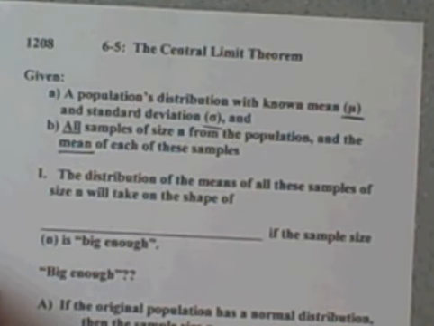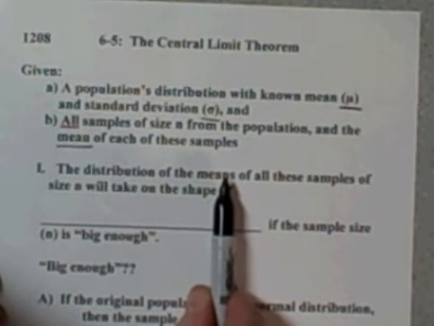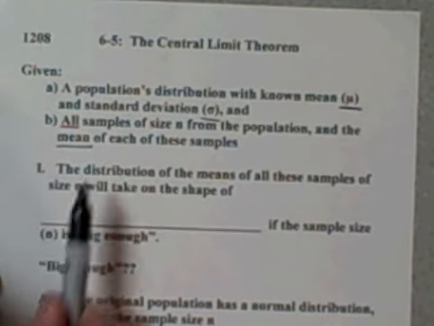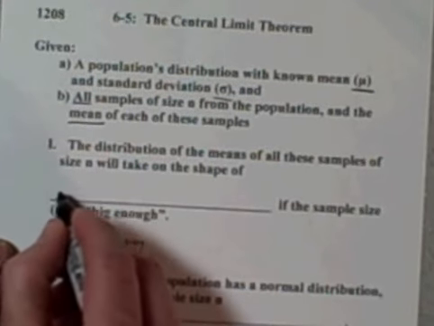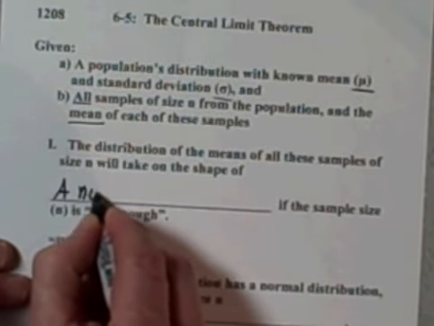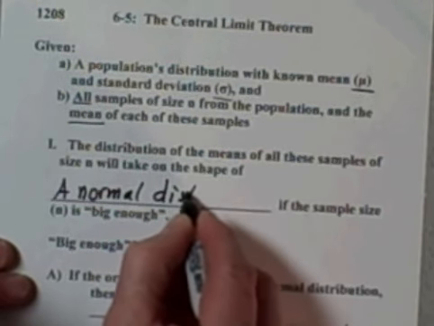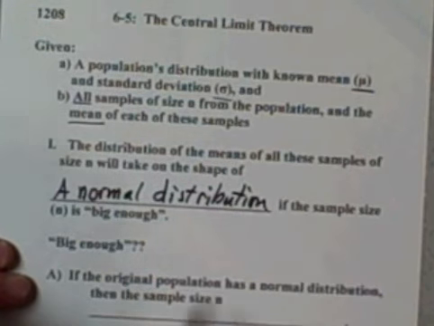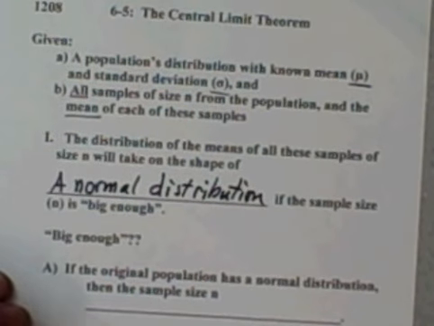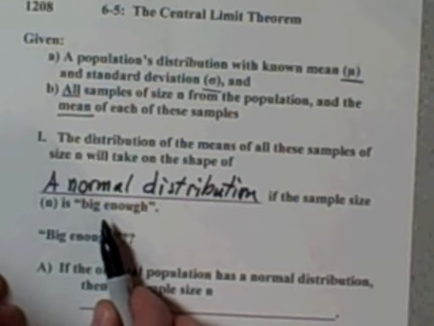Here's point number one. The distribution of the means of all these samples of a particular size will take the shape of a normal distribution if the sample size is big enough.